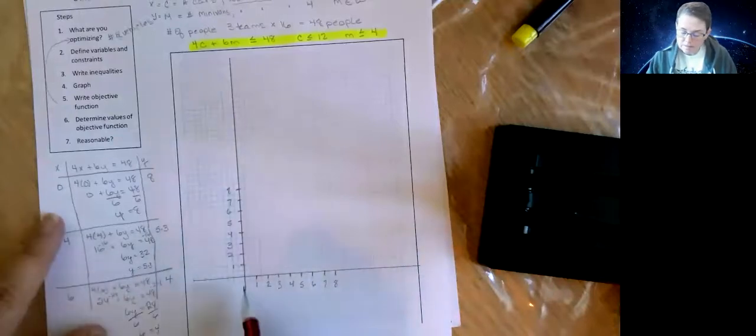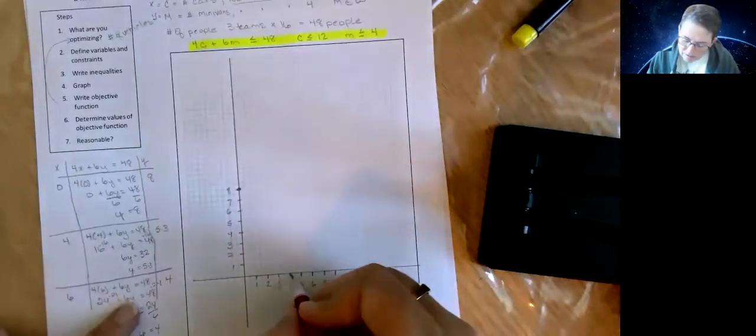I don't think we went higher than 8. So when x is 0, y is 8. When it's 4, we're at 5.3. There's 5 there. Well, it's about there. And at 6, it's equal to 4. All right.